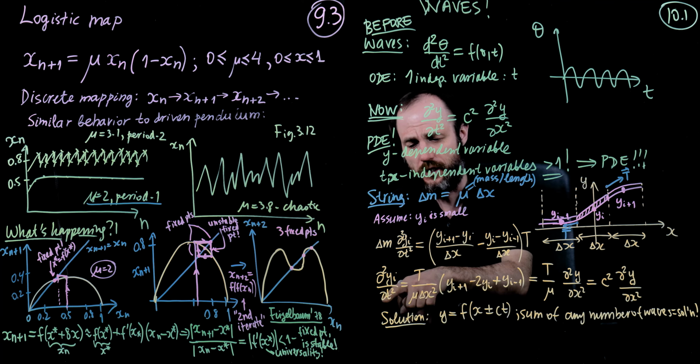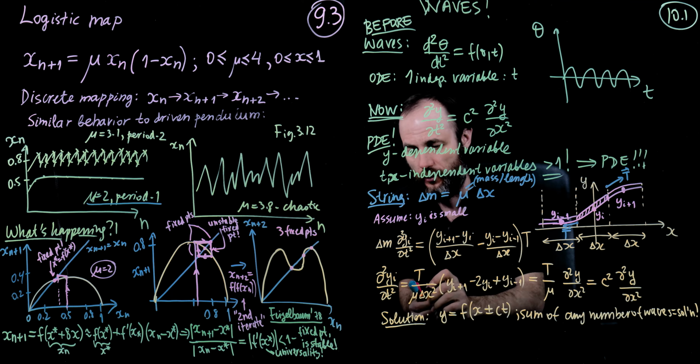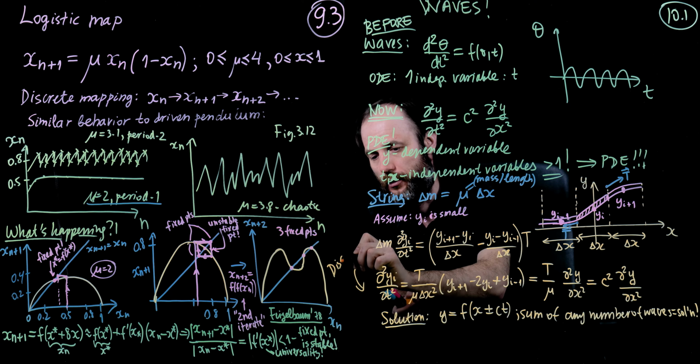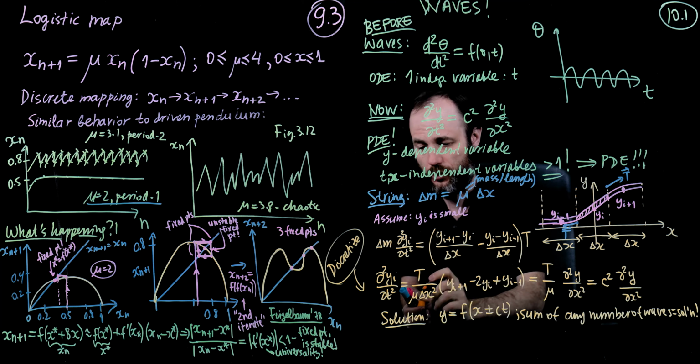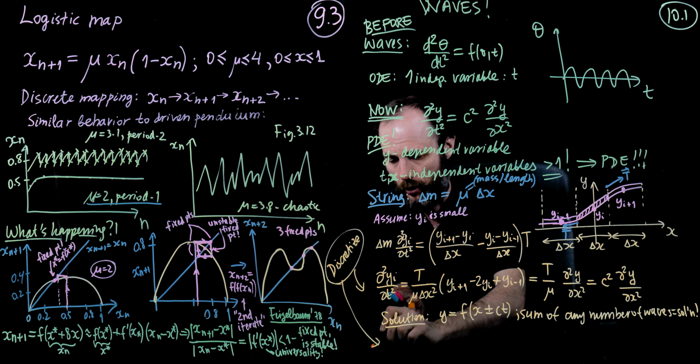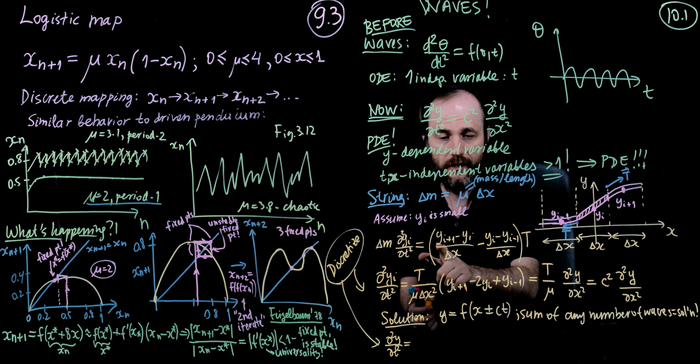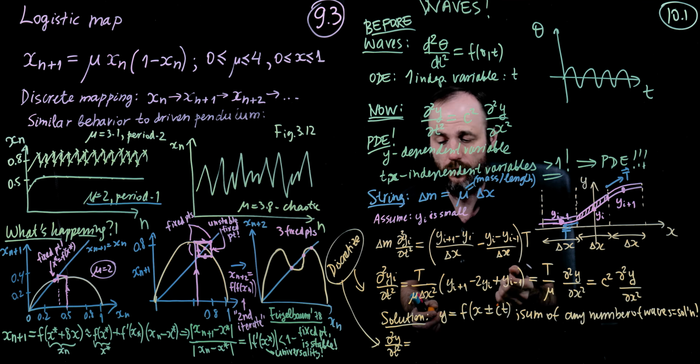So now let's take a look at the time dependence. So let's discretize this term. So this term will look like that. d2y dt squared is going to be discretized in exactly the same way as we did for the spatial derivative.